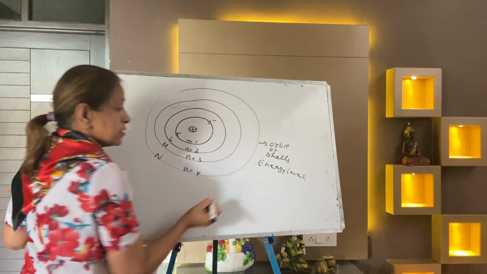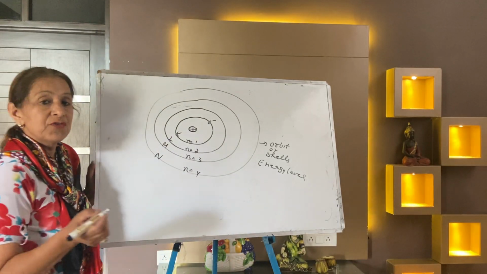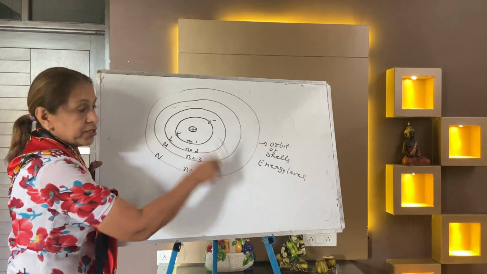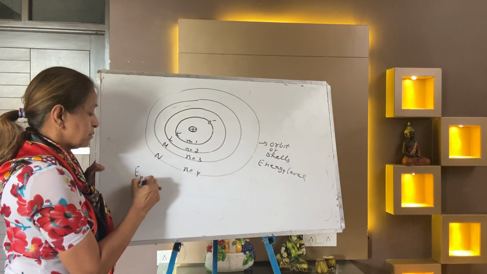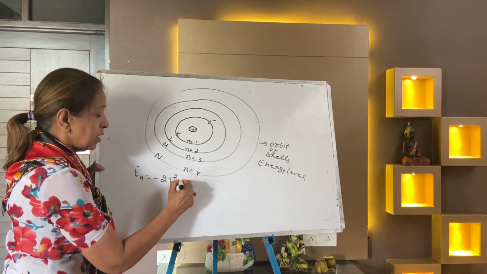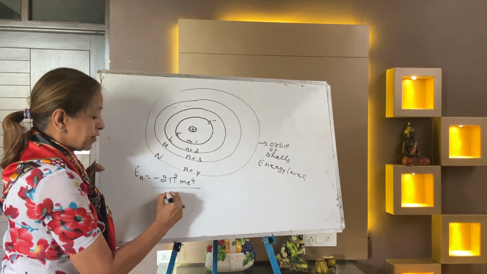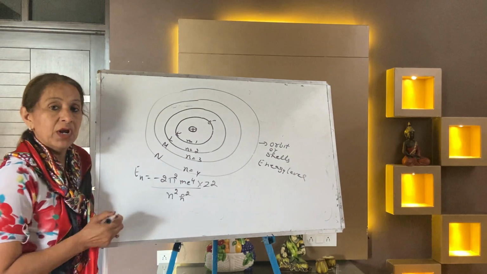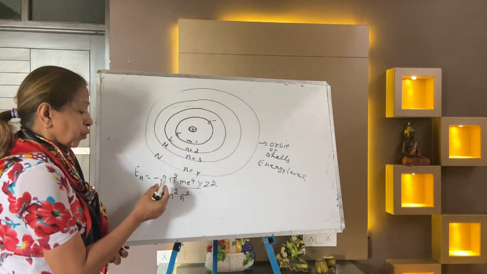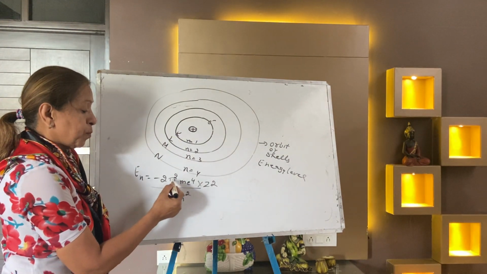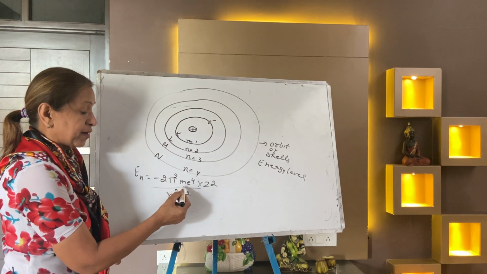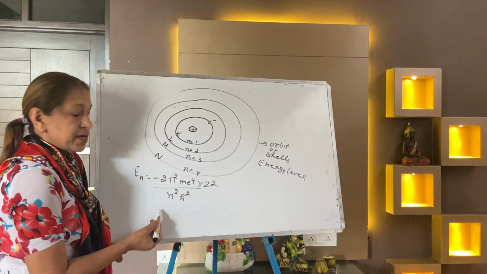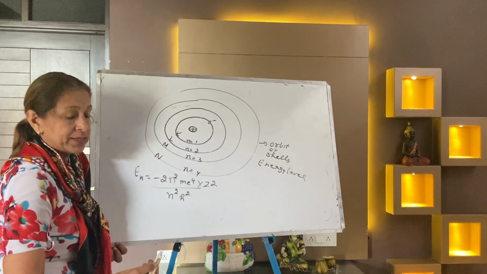Why energy levels? It's very important to share with you what an energy level is. Each orbit has its own energy. Eₙ = −2π²me⁴/n²h² × Z². This formula will come in physics. Here m is the mass of the electron, e is the charge of the electron, Z is the atomic number, n is the number of the orbit, h is Planck's constant.